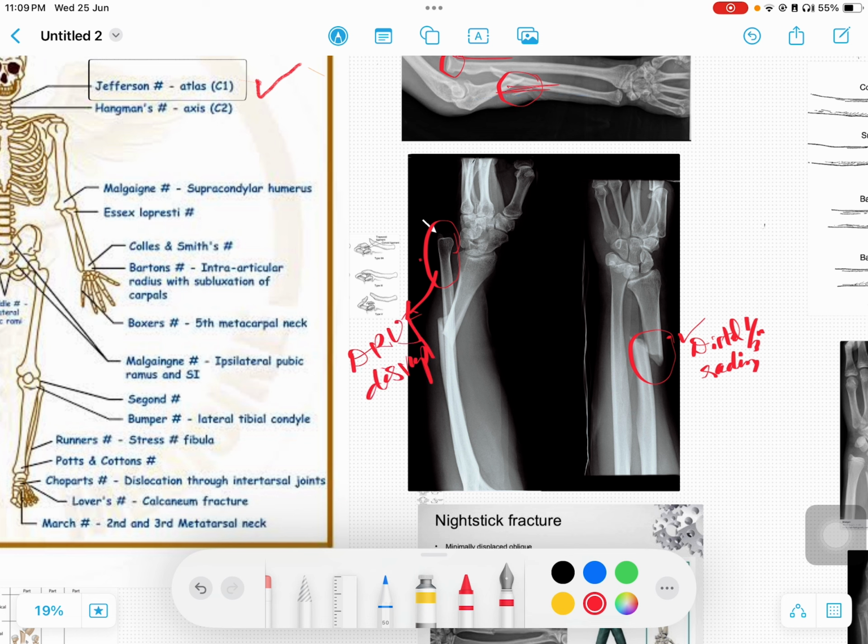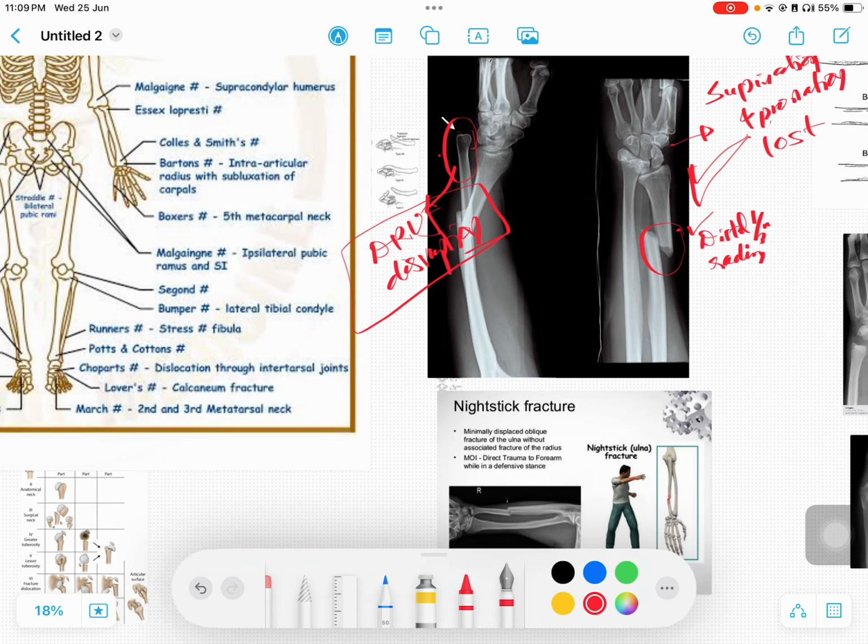These images are so important that they can be given as an image, and they can be asked in a clinical scenario also. In both Monteggia and Galeazzi, supination and pronation movements will be lost.